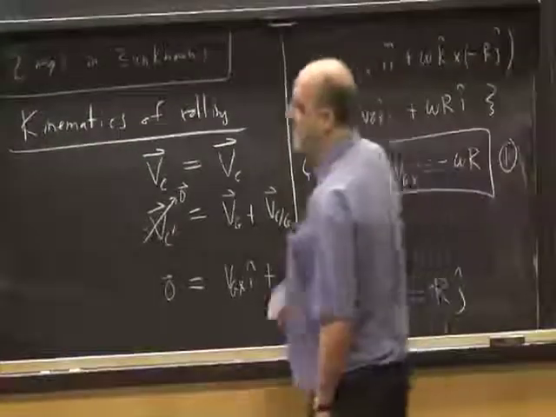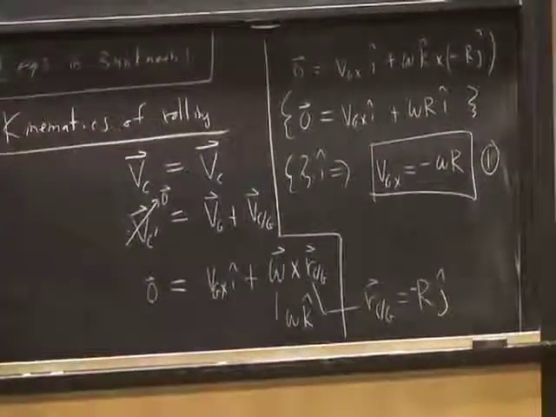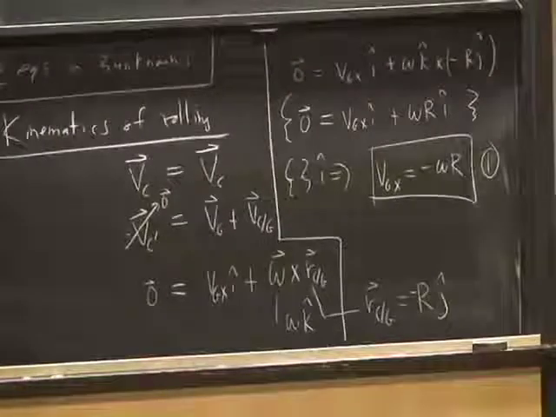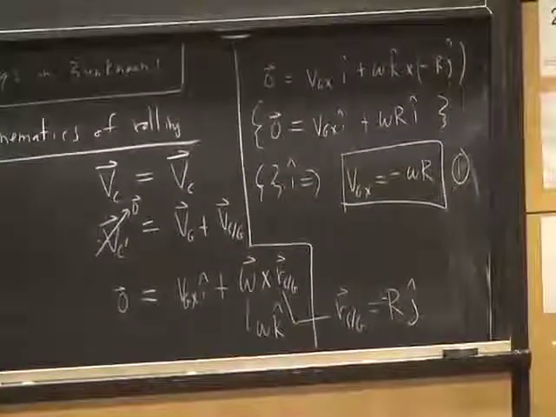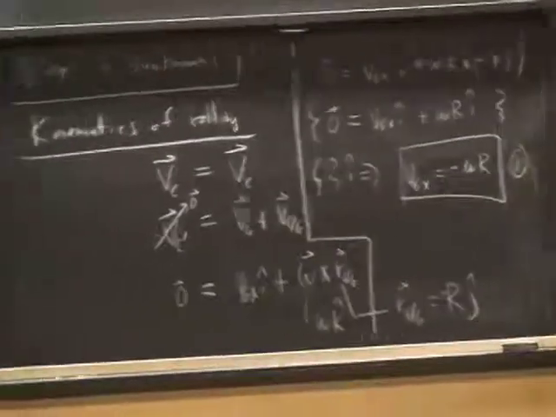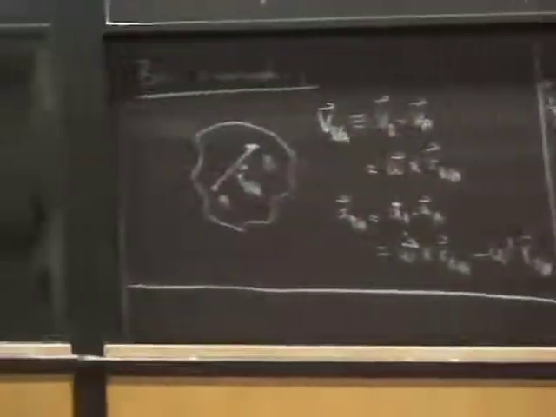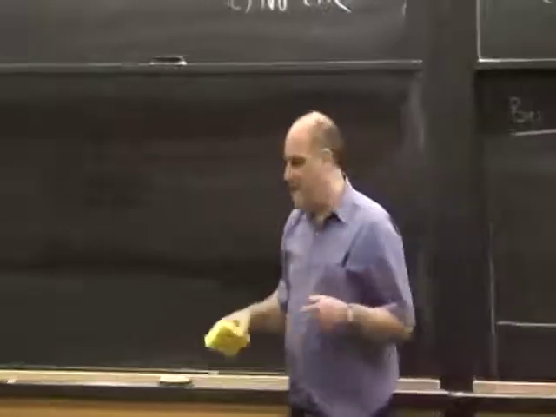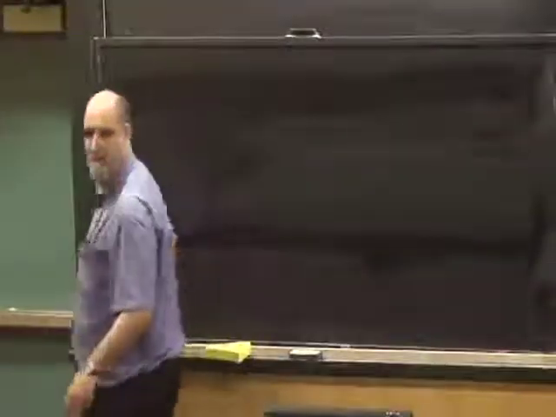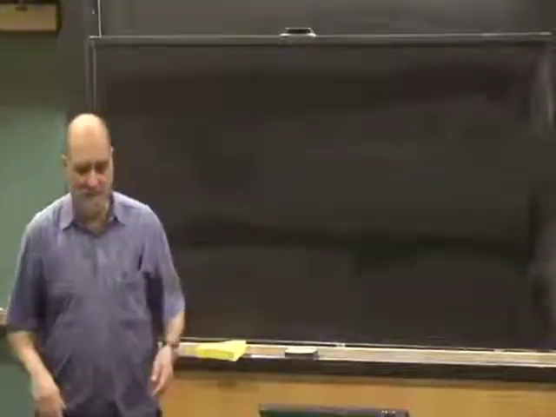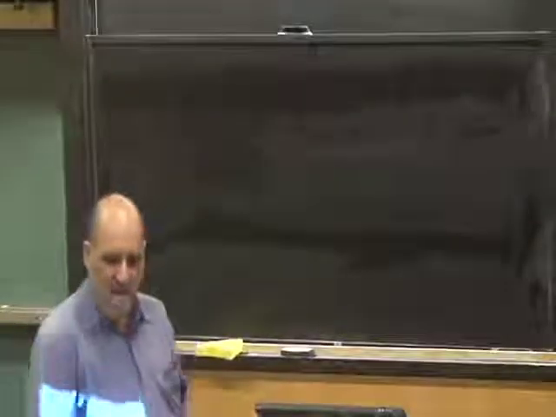Now, when I did that derivation, I didn't use anything about where we were in this process. There was a roll of paper towel around here somewhere. Where is it? So that equation that I wrote relating velocity to omega is an equation which is true at all time, not just at one instant in time.